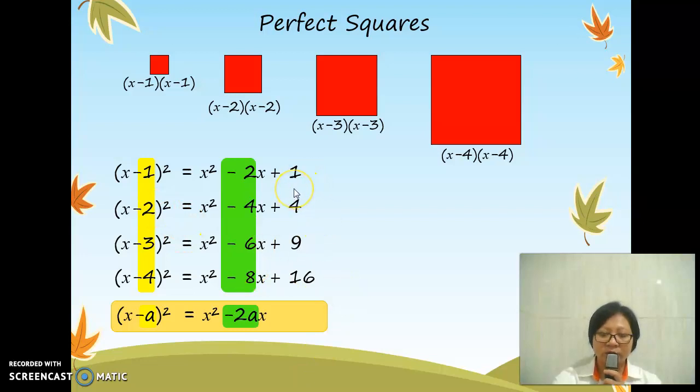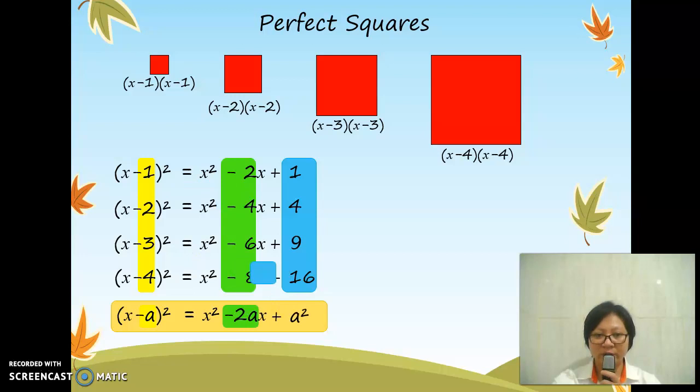And then the constant terms are making a sequence, a special number sequence. As you can see, perfect square numbers using the a variable. We can formulate the constant term as a squared like this.